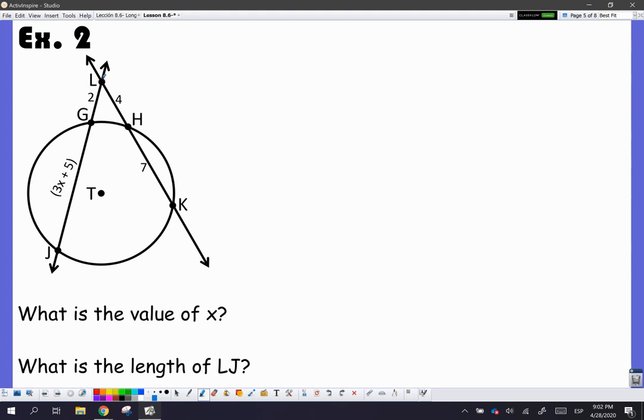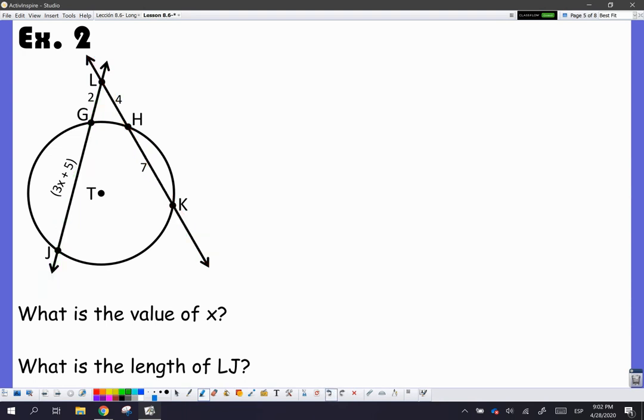So from L to G, well, first of all, let's identify where our secants are at. So I'm going to highlight this secant in red, and I'm going to highlight this other secant in green. So there's our secants. So now we need to identify the secant segment. Remember that what I highlighted here is the line because I'm including the arrows.